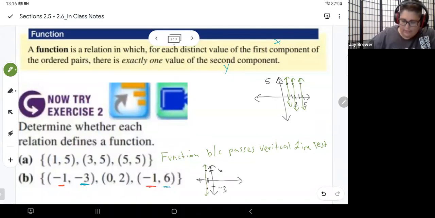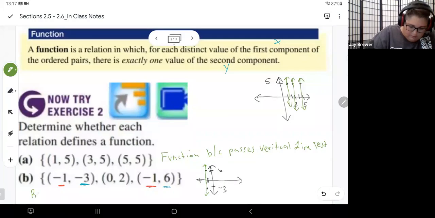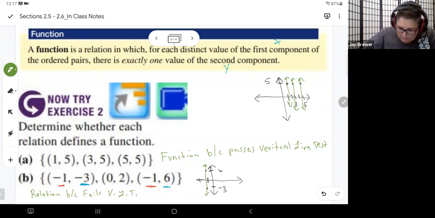Okay, it's hitting twice. That means that this is a relation. Apologies, guys. This is a relation because it fails the vertical line test. Okay, and you could throw on 0 too. It doesn't affect it, so, right?